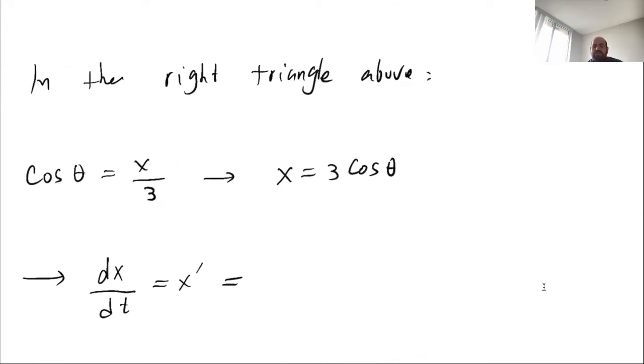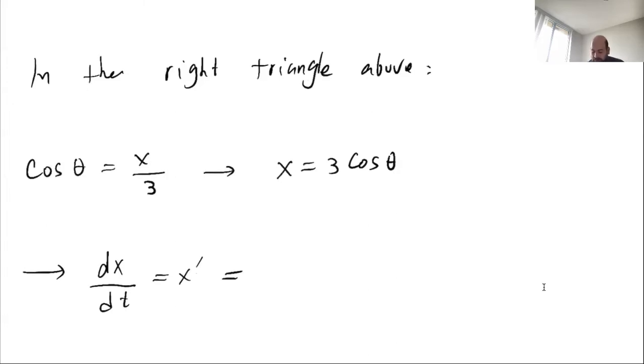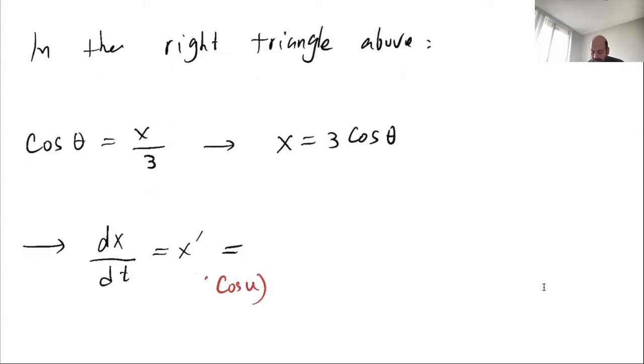See, I have to use the chain rule now because I have a function of the form cos u. What is the derivative of cos u? Cos u derivative is minus u prime times sine u. So then the derivative of x will be minus 3 sine. My u here is theta. And then times theta prime.